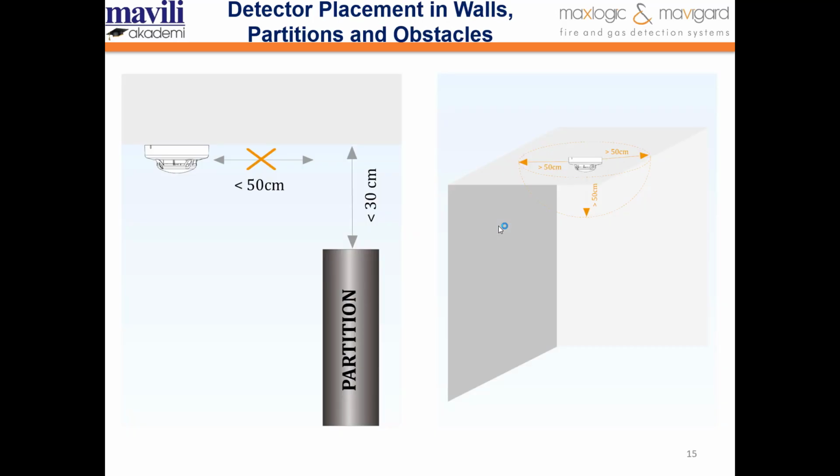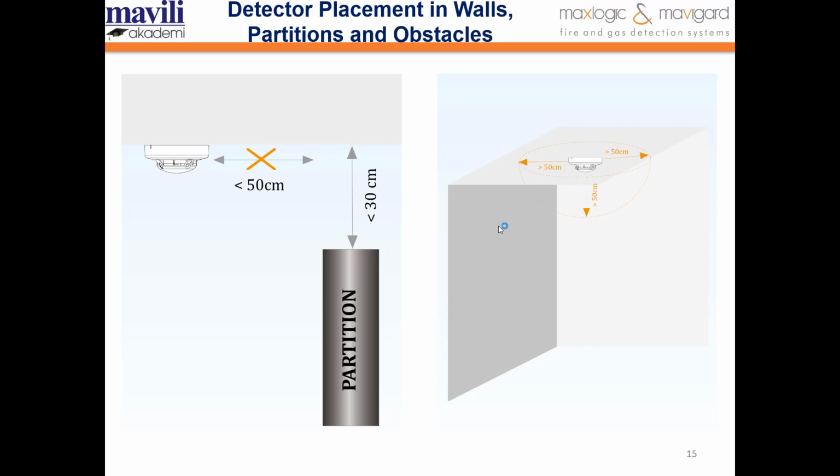Detectors placement in walls, partitions, and obstacles. Detectors, except optical beam smoke detectors, should not be installed closer than 50 cm from any wall or partition. If the room is narrower than 1 meter, the detector can be applied at or near the center of the width.